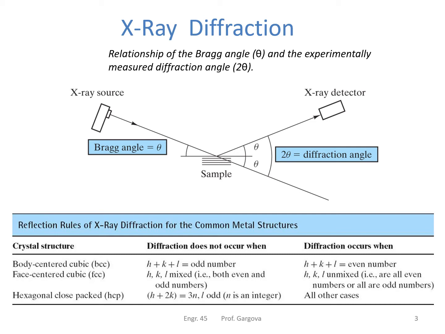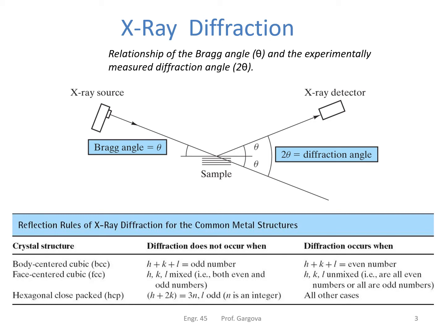If the sum is even, then we would see a diffraction, or a peak for that plane. That makes sense, because it depends on the extra distance the second incoming X-ray has to travel for there to be either constructive or destructive interference.